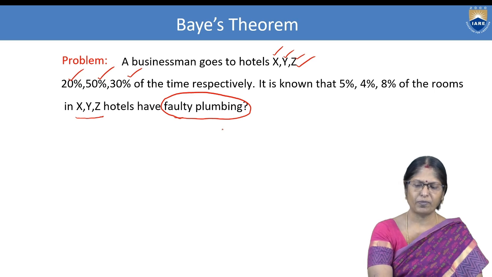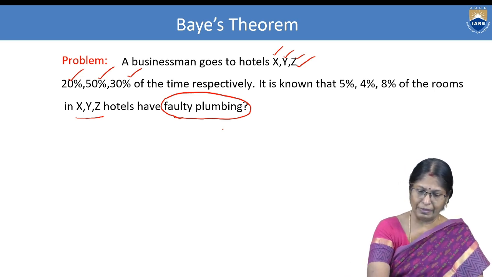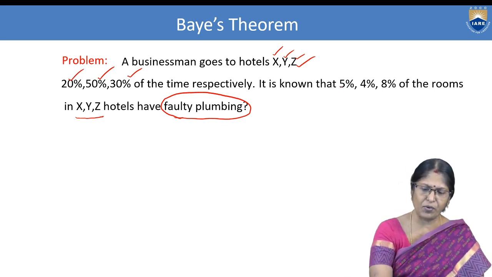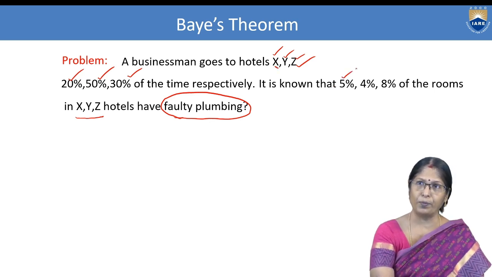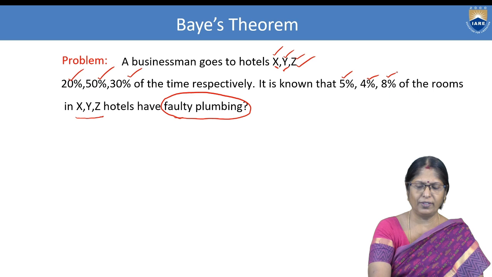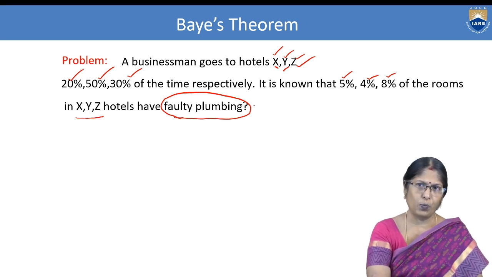Clear? Now, that event which is intersecting with our X, how much percentage? X is 5%, Y is 4%, Z is 8%. So this is the meaning of the question.